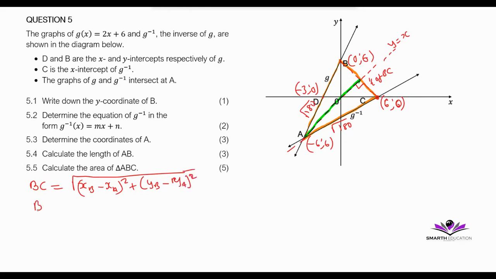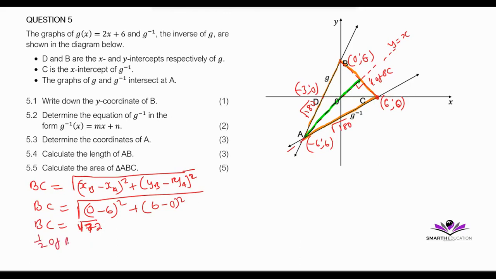And then BC is equal to the square root of (0 minus 6) squared plus (6 minus 0) squared, which is 36 plus 36. So BC is the square root of 72. Okay, and then half of BC is equal to square root of 72 divided by 2.